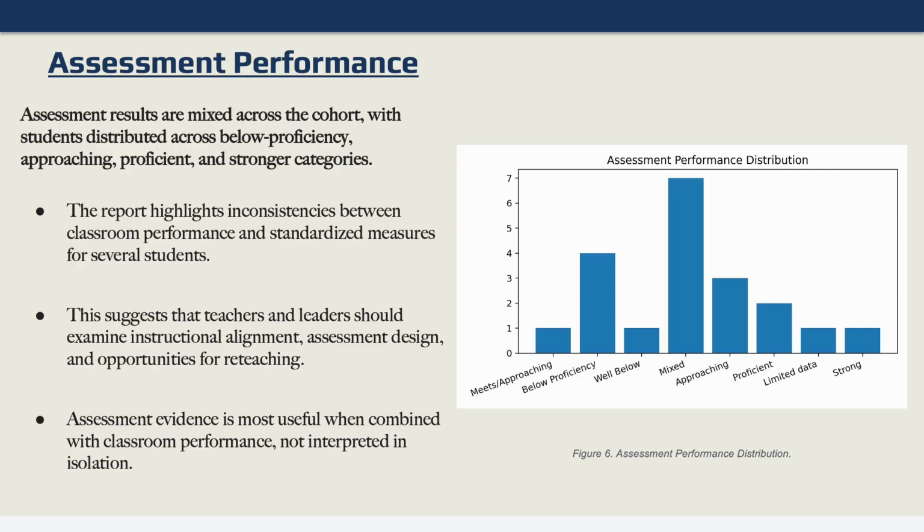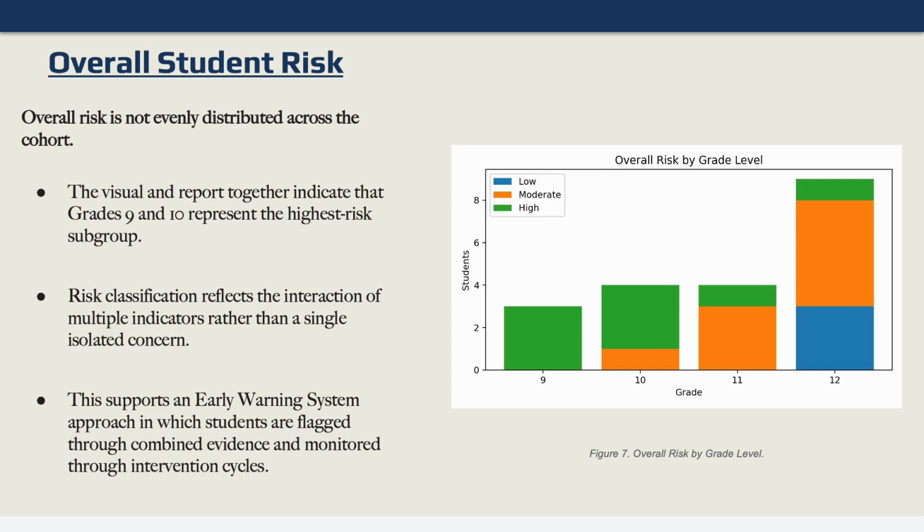Now, what this suggests is that teachers and leaders should definitely examine instructional alignment, assessment design, and any opportunities available to present reteaching to students that are definitely below proficiency, well below, etc. Assessment evidence is most useful when it is combined with classroom performance and not just isolated when teachers and leaders are looking at data information.